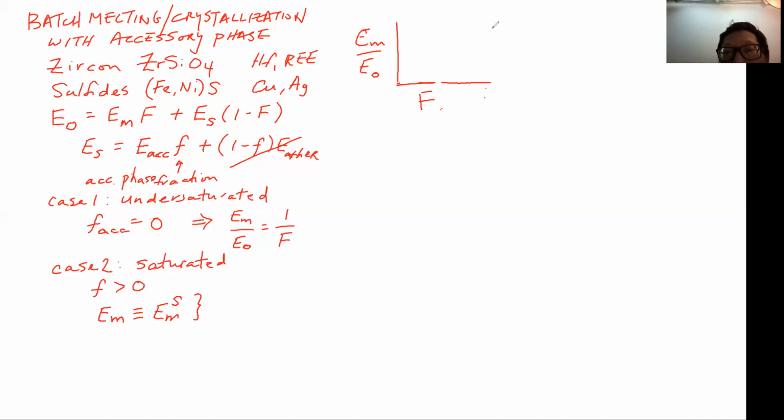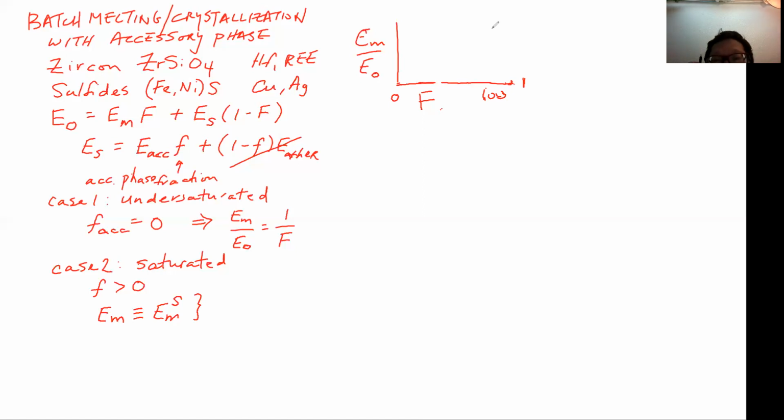This would be at 100%. This is 1 right here. This is 0% melt. And at 100% melt, of course, Em over E0 is equal to 1.